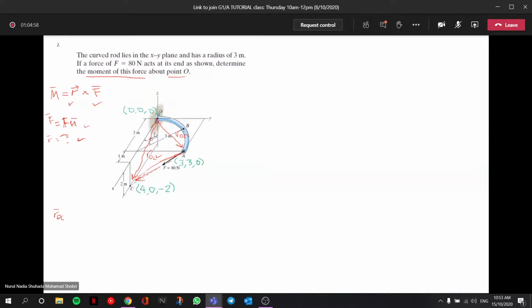You have to find the coordinates for each point first. Here I already defined the coordinates for O, A, and C. Since I'm looking for the distance from O to C, I will only use the coordinates for this one and also this one.